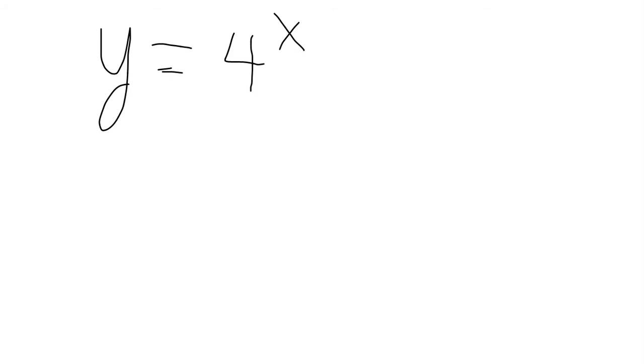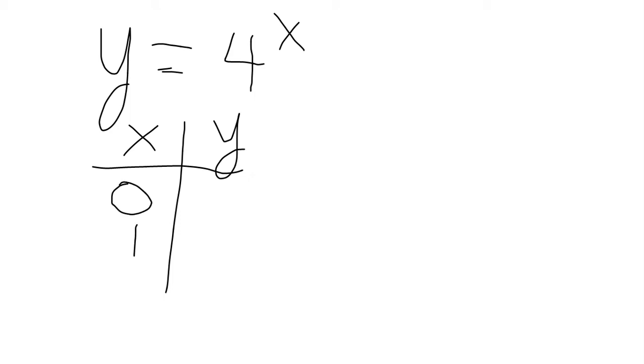When you're graphing, we are going to graph these by hand, so don't just use Desmos or your graphing calculator. We're going to make a quick little table. I have my x's, I have my y's. You get to choose points. I want you to graph at least 3 points. For exponential functions, it's hard to tell what's going on unless you have at least 3 of these. But make your life easy. You're going to choose the points. Start with some easy ones. I'm always going to start with 0, 1, and 2 when I do these little tables.